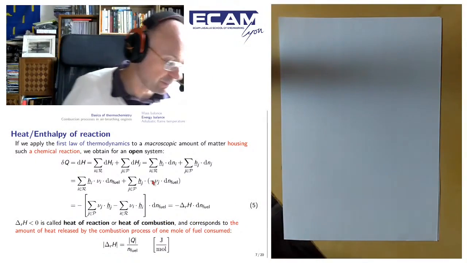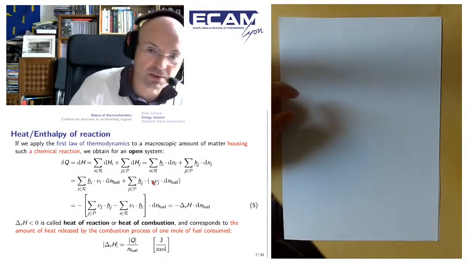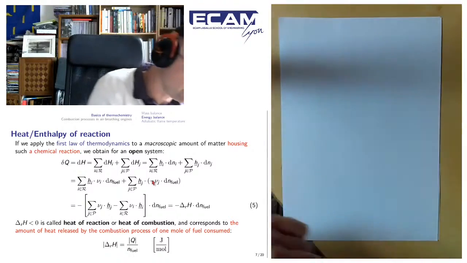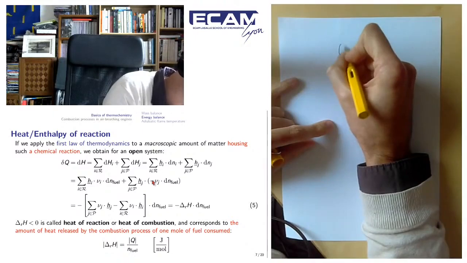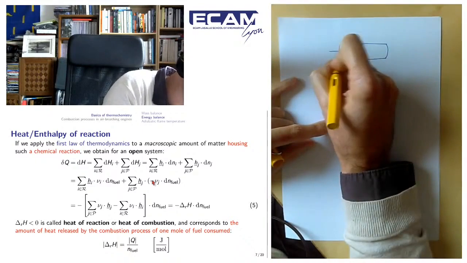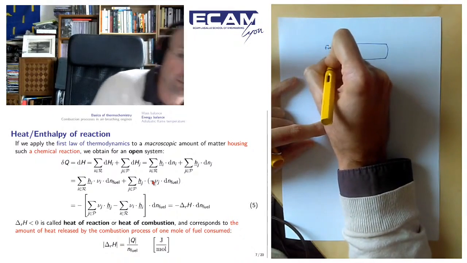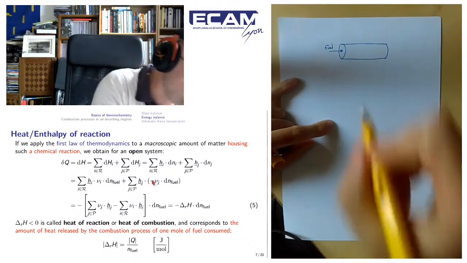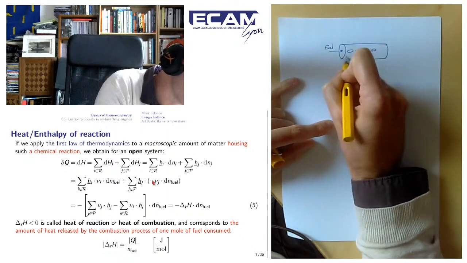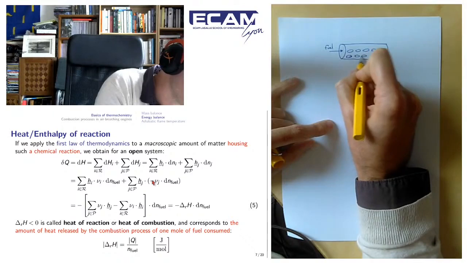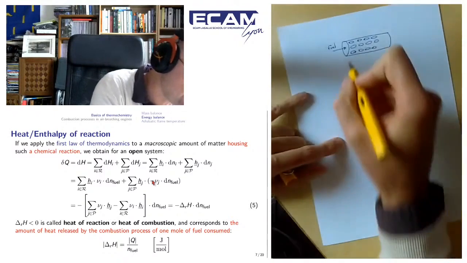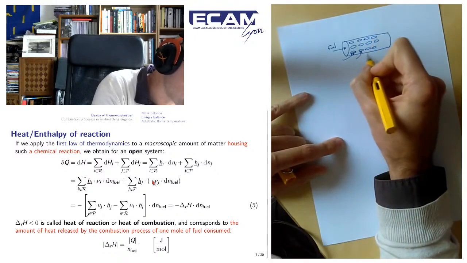In this system, I will consider that my combustion chamber is just a sort of cylinder here, which is supplied by a fuel. Usually the fuel is injected this way inside the system. And if you take a look at actual combustion processes, you have some holes drilled in the outside surface of the combustion chamber, and the air is entering this way.